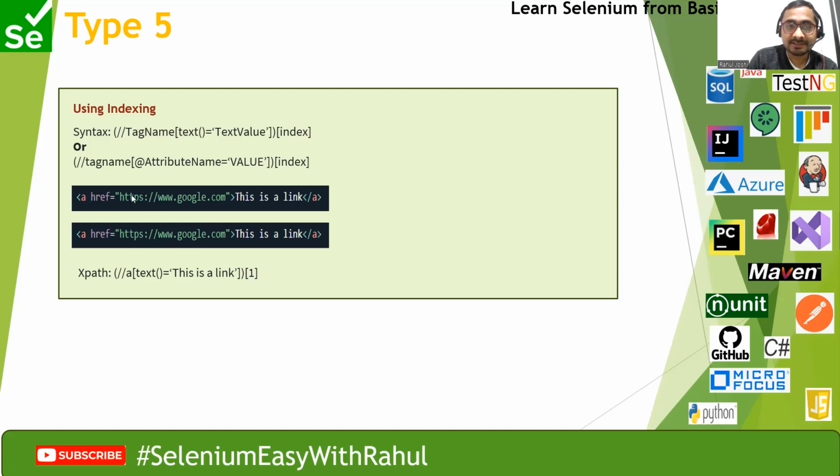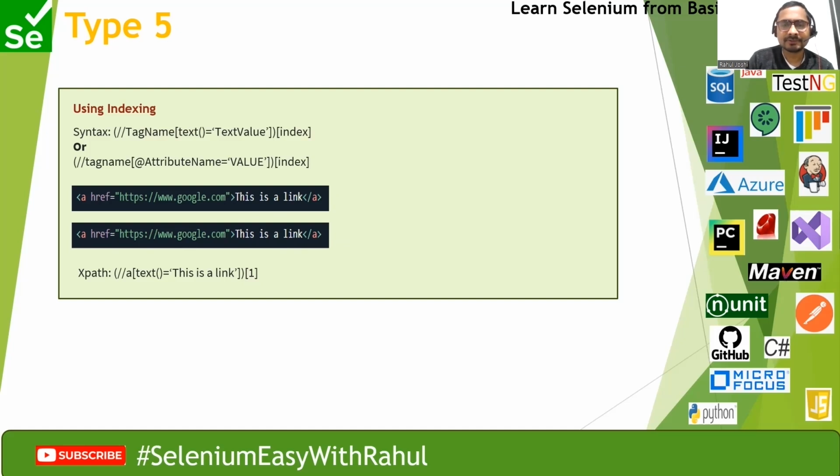In this case, this is the first index and this is the second index. If you want to perform any operation on the first element, then you need to mention the index as 1. If you want to find the object for this second object, then you need to write the index as 2. So in this way, we are going to create the XPath using indexing.